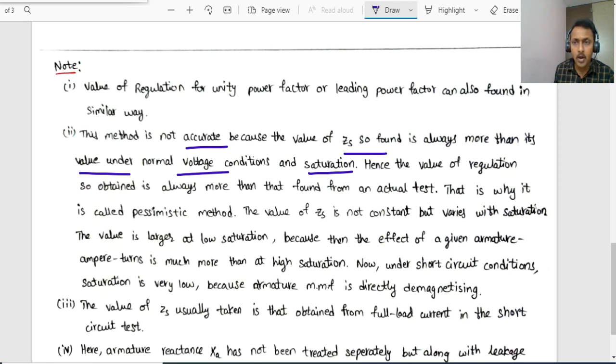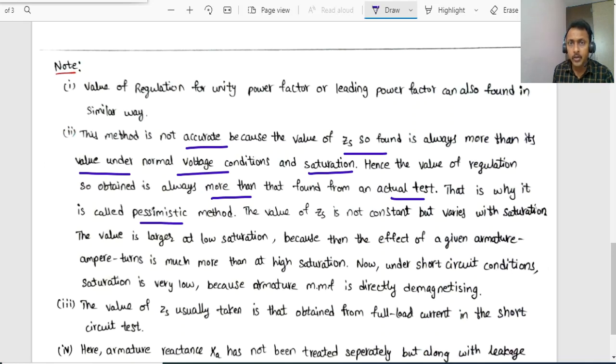So the value of regulation obtained will always be more than that found from the actual test. That is the reason why this synchronous impedance method is also called a pessimistic method.